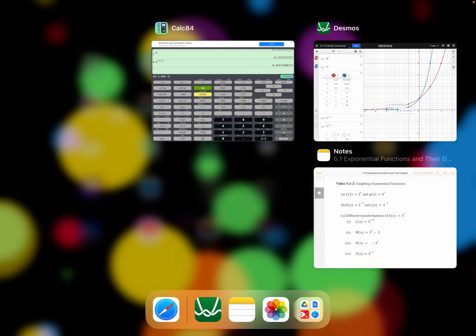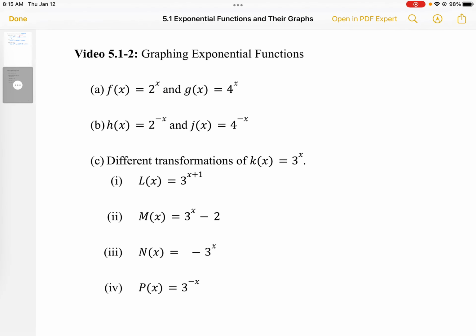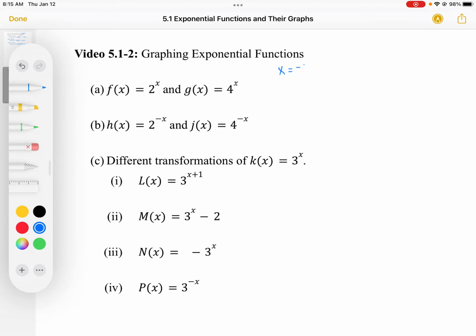And just as a reminder, I'll just plug in, say, when x is -3. If you plug that into the first function, 2 to the power of -3 means 1 over 2 to the power of 3, which is 1 over 8. When we do the same thing for the second function, 4 to the power of -3, we get 1 over 4 to the power of 3, which is 1 over 64. So you can see the second function, those values are much smaller than the values of the first function.